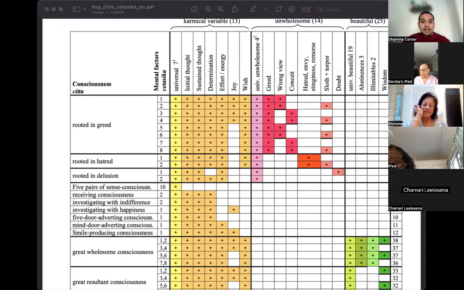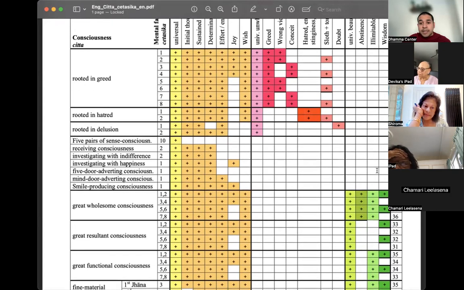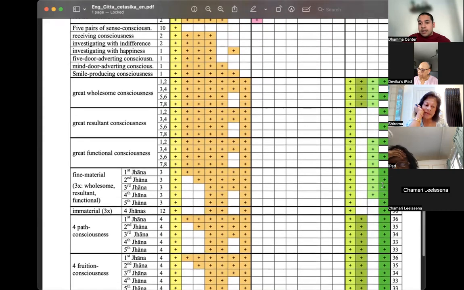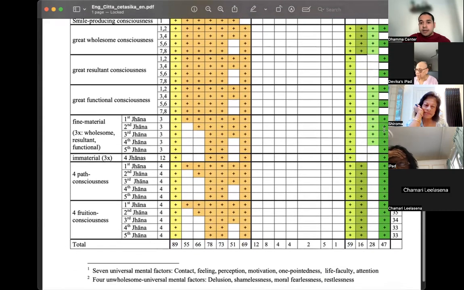Now, let's look at this chart. Wisdom, this last one. Can you see my cursor moving? Wisdom is in none of these first chittas up until great wholesome, we don't have wisdom. Then we have wisdom coming and going, jnana sampayutta, vipayutta. Then from first jhana onward, we have wisdom.